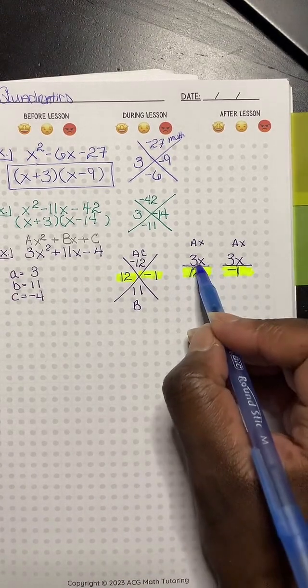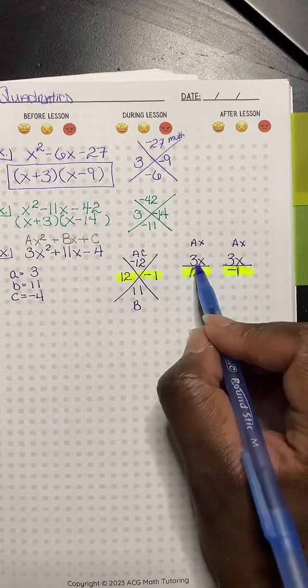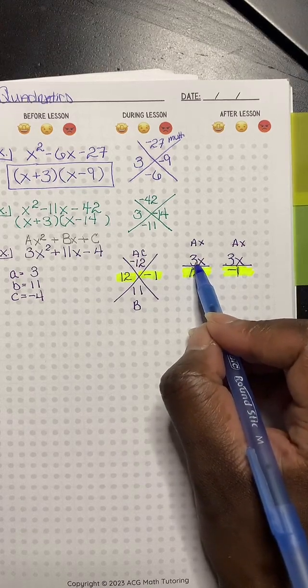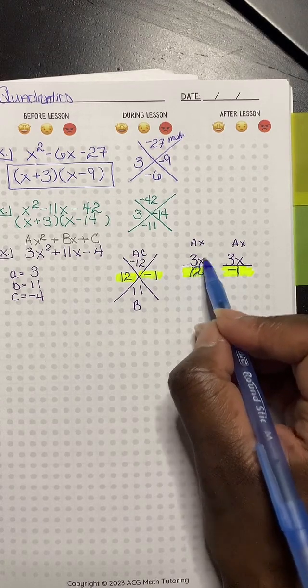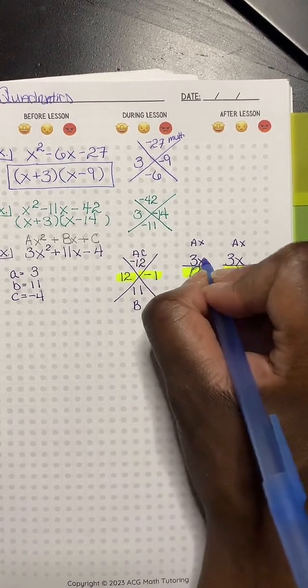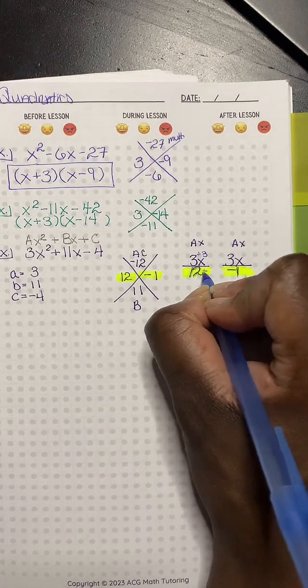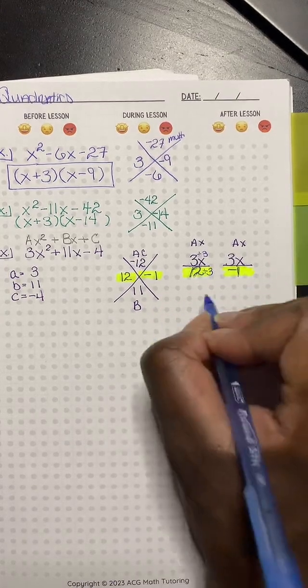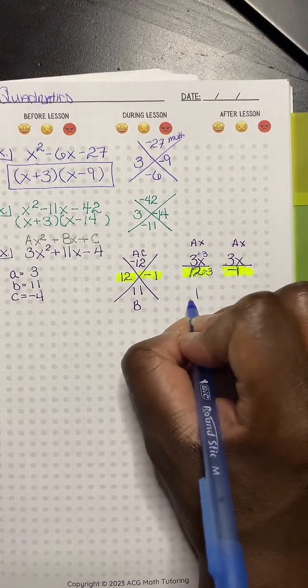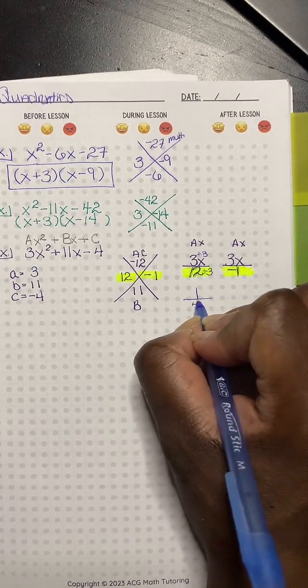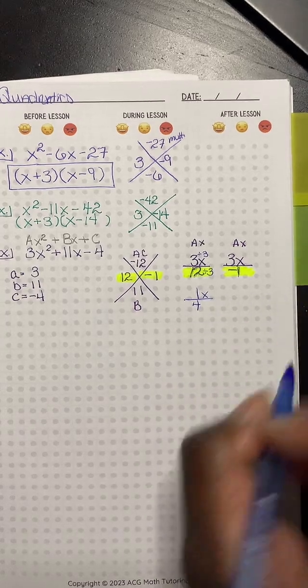Yes, they have a 3 in common, because I can't divide this 3 by 4, it's not going to give me an even number. But if I divide it by 3 as well as the denominator, I will get 1 over 4, or 1x over 4.